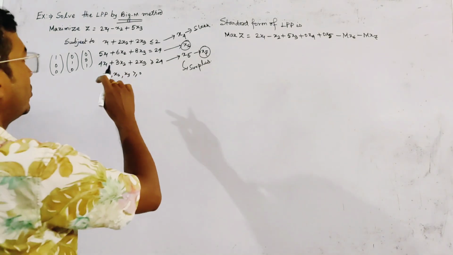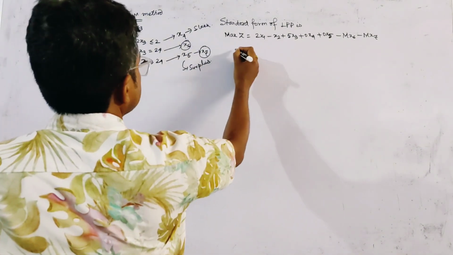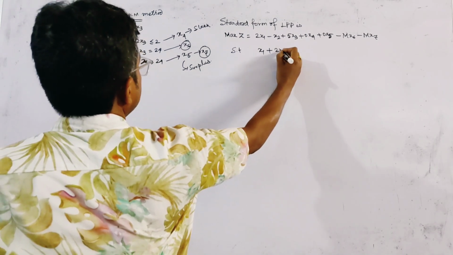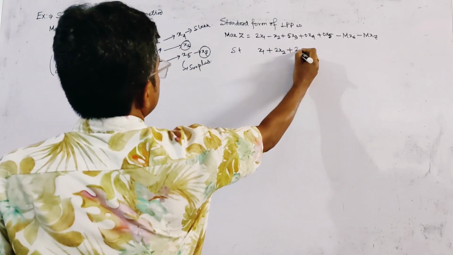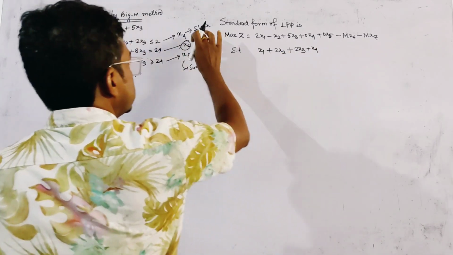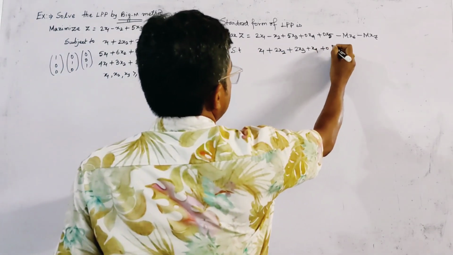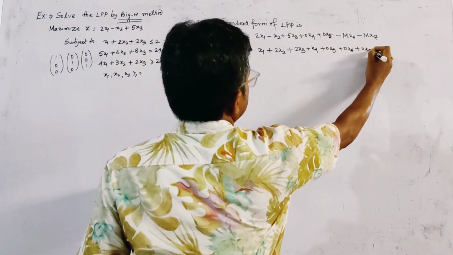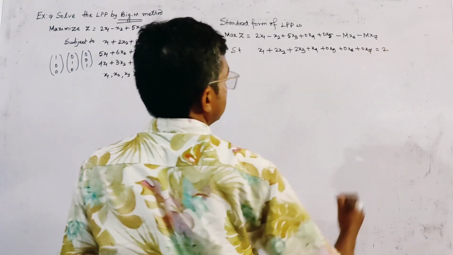The constraints, subject to: x1 plus 2x2 plus 2x3 plus x4, because this is slack, plus 0x5 plus 0x6 plus 0x7, equal to 2.